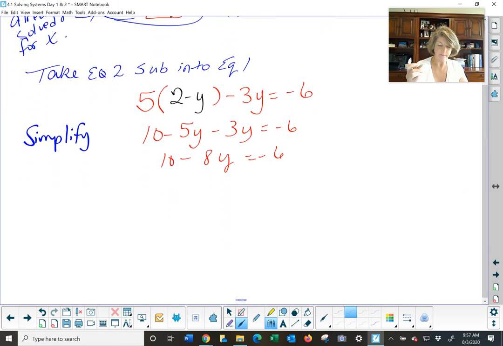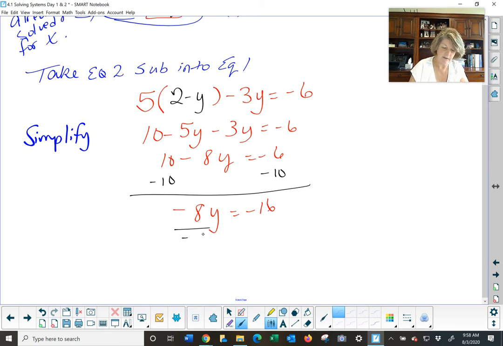I'm going to leave the 8y here, and I'm going to subtract 10 from both sides, giving me negative 8y equals negative 16. And finally, using division, we're going to get our solution for y. It looks like y is equal to 2.